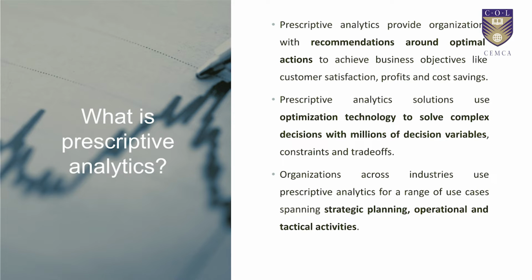So when you are challenged to make a complex decision which involves multiple trade-offs between the constraints faced in the environment and the business goals, we go for prescriptive analytics. As I mentioned, this is nothing but recommending some optimal solutions.